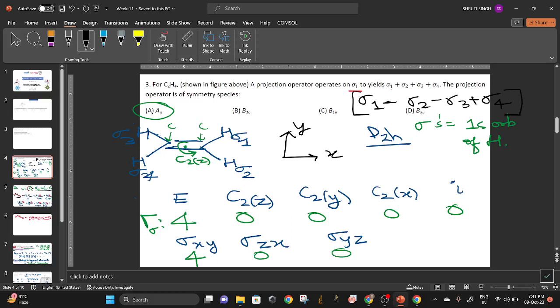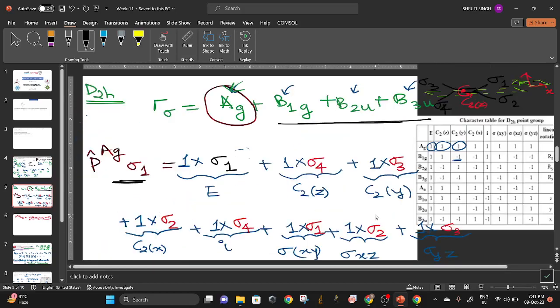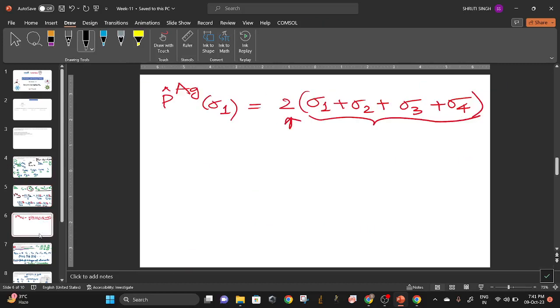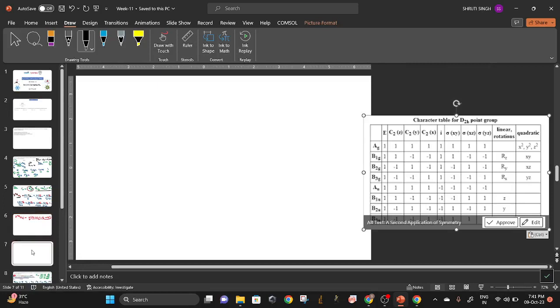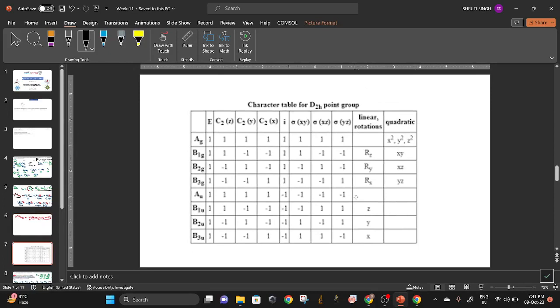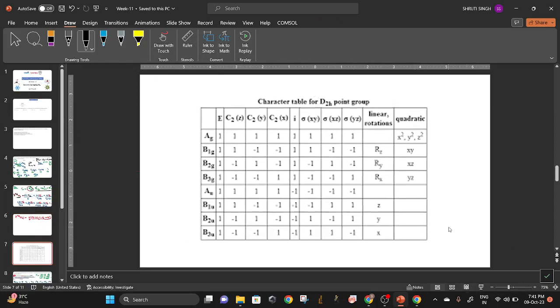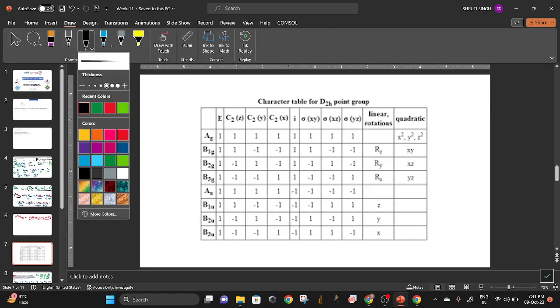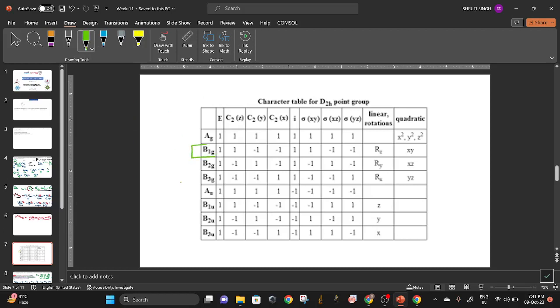Now, please show the character table. Okay, sure. Let me copy this, and I'll highlight what you need to see. We need B1g, this one, B2u, this one, and this one. These three.